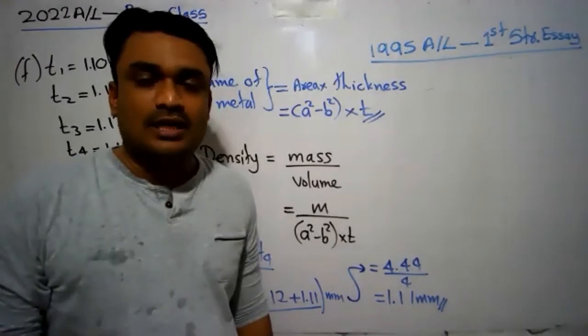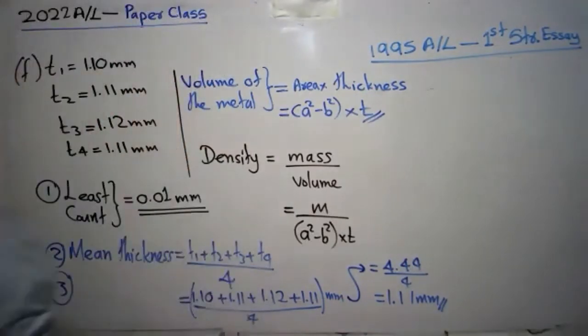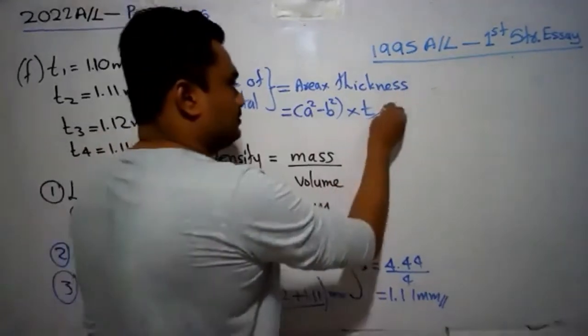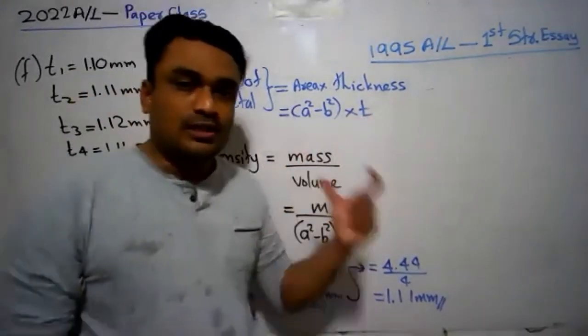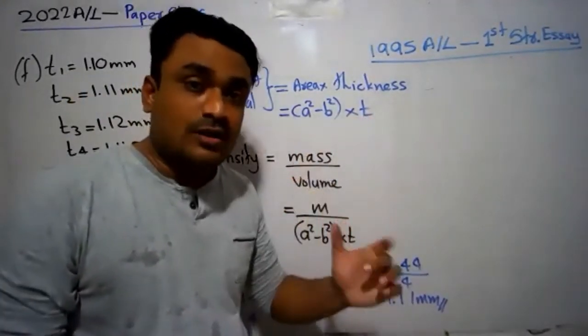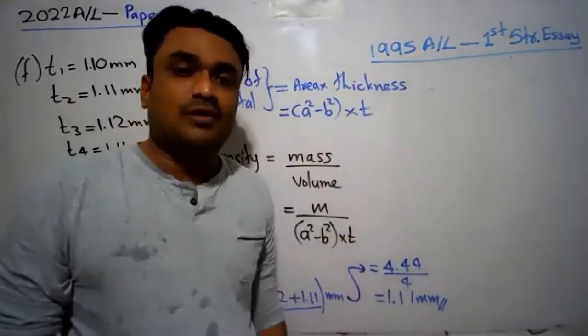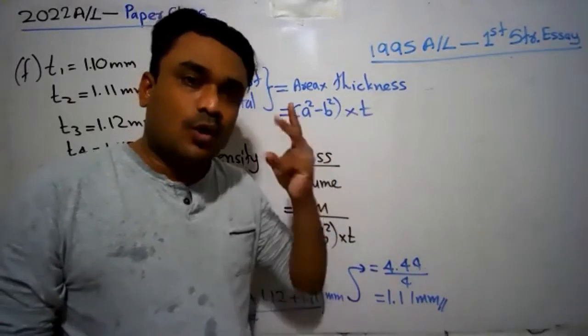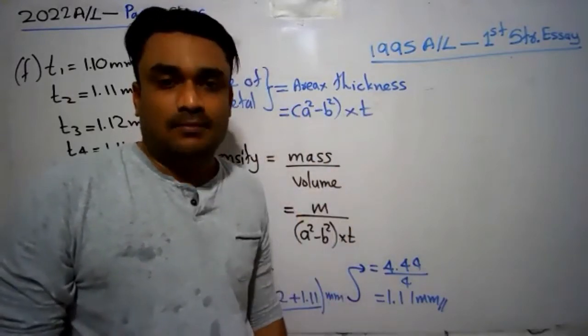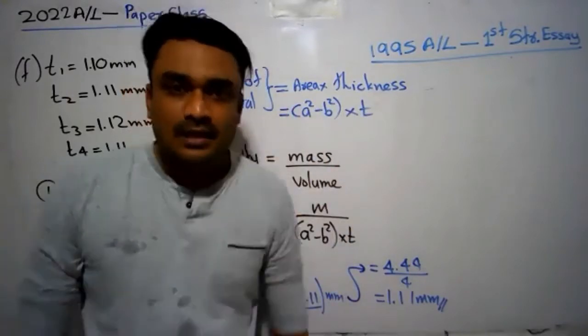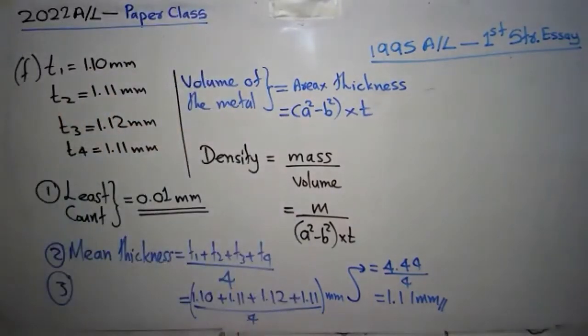So if you use a measuring instrument whose least count is only up to 2 decimal places in millimeter, any measurement taken from that instrument should be kept only with 2 decimal places in millimeter. That's the reason, right? What about the next question?